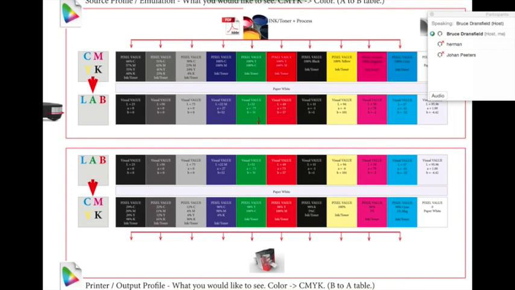So we can think of how they're used in a RIP, similar to this. We have two independent files. One describes what I would like to see. And so as our data comes through the system, pixel by pixel, the CMYK values in that data are tagged or translated to a LAB value.